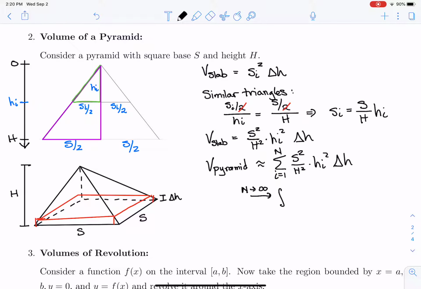The integral ranges over the H's, so 0 to capital H, of S squared over H squared times H squared dH.